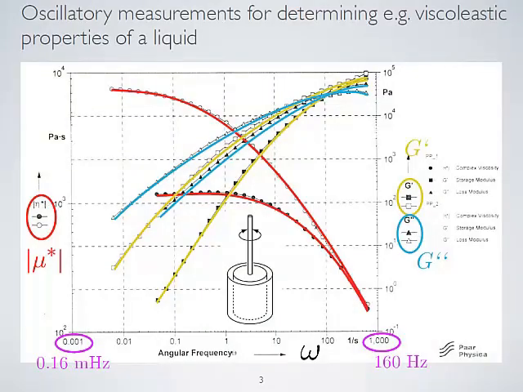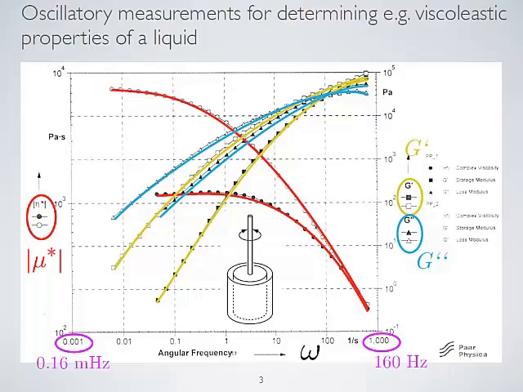Usually, rheologists use oscillatory experiments to determine, for example, the spectrum of complex viscosity. The reason why I show you this chart is to make you aware of the frequencies at which they are able to perform the experiments. Typically, it ranges from several millihertz to some hundreds of hertz.